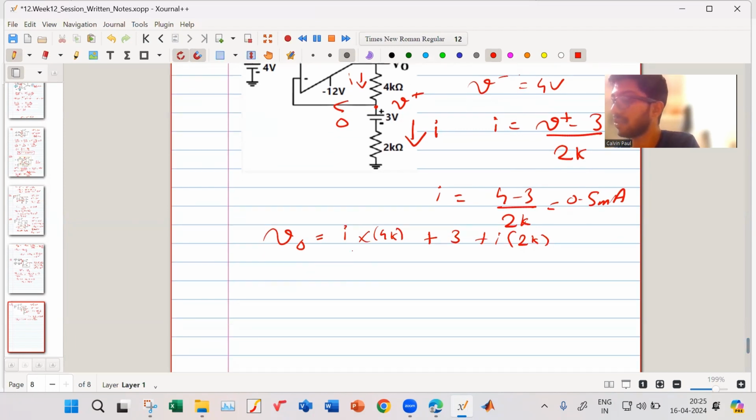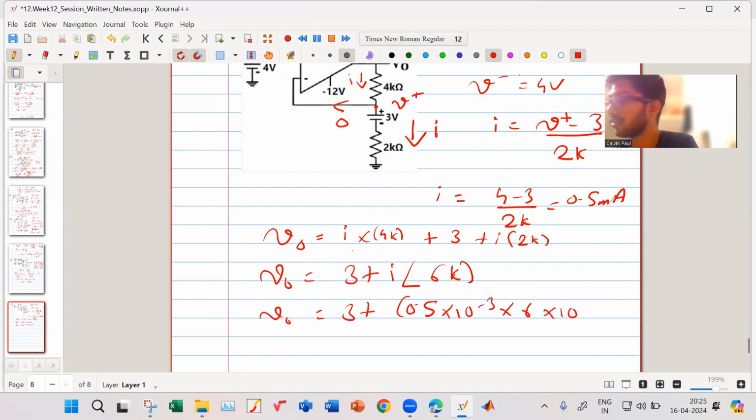That means your V output is 3 plus I into 6K. So that is 3 plus 0.5 into 10 to power minus 3 into 6 into 10 to power 3. So your V output is 6 volt. Any questions in this? No, right? Okay.